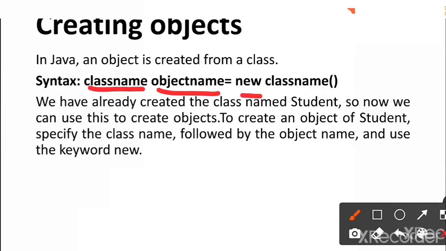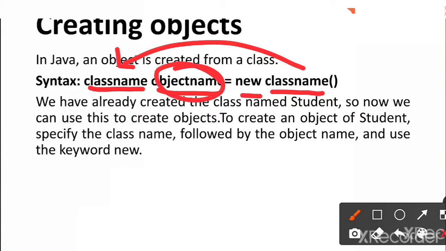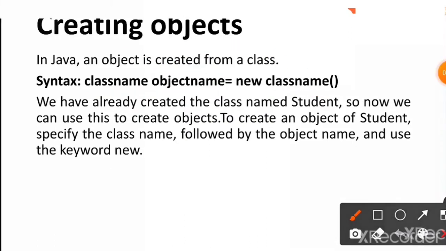Followed by this new operator, we will write a method whose name is same as that of the class name, and such methods are called constructors. Constructors are used to initialize an object of a class. Okay. We have already created a class called student. Let us now see how to create an object of this class.